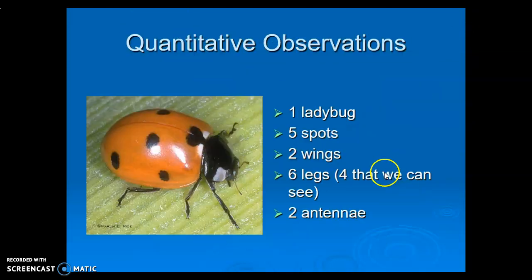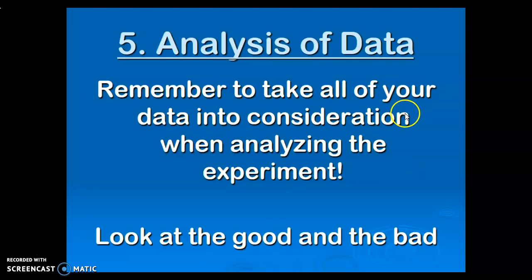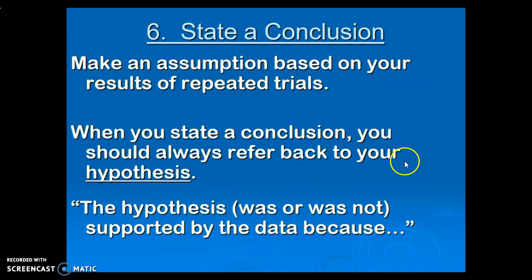So, we've finished our observations. We've finished the 4th step, testing our hypothesis. Now we are going to analyze data. So what you do is you're going to take all your data into consideration here. You're going to look at the good and the bad and start to form a pattern between that. After you've analyzed your data and looked at it, you're going to state a conclusion, and this is going to make an assumption based on the results of repeated trials.